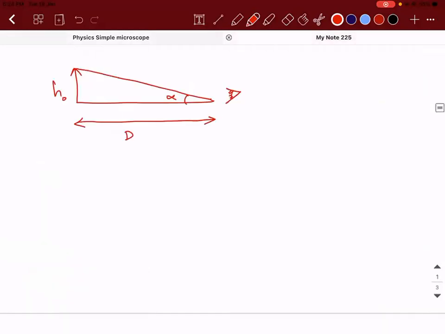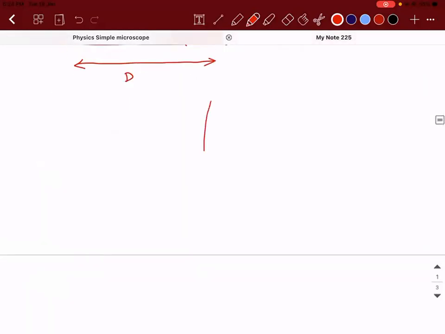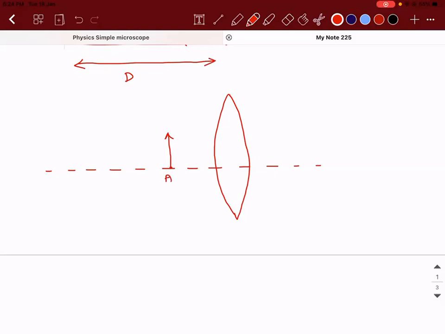Okay, listen. If I place the optical instrument here, I place the convex lens here. Now, if I say that this is the object, let this be A and B. If I take a ray parallel to the principal axis, after refraction it will pass through the focus on the other side.